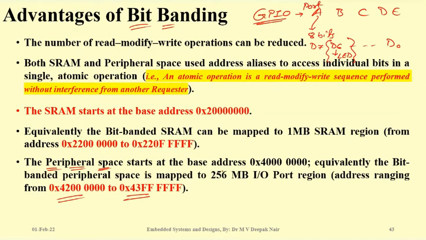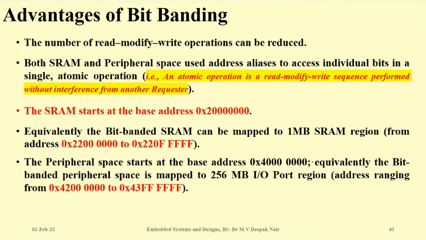That is your choice. The base address of the peripheral starts from 4000. So 4000 is mapped from here to 4200. These are the two important alias regions for the SRAM and peripheral addresses. The rest we don't have to worry about.